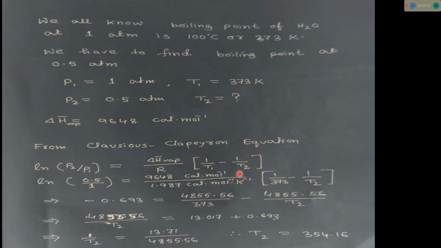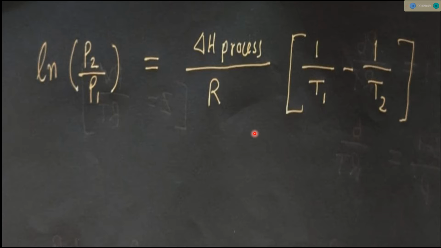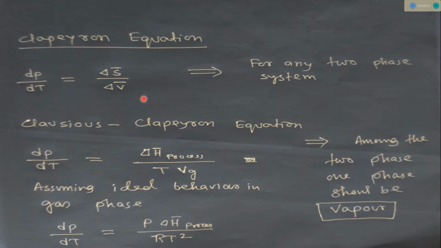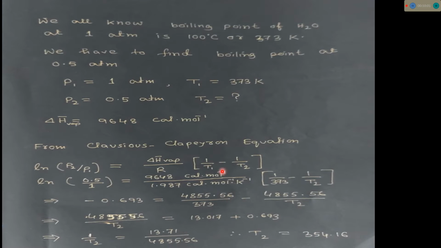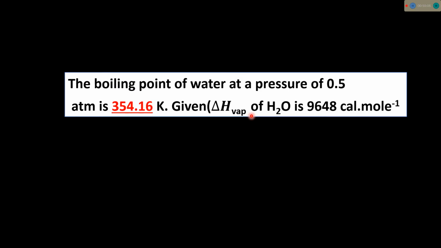All the calculations will be the same. The Clapeyron equation is applicable for any two-phase system, but the Clausius-Clapeyron equation is applicable only when one phase is gaseous. So the boiling point of water at 0.5 atm is 354.16 Kelvin.